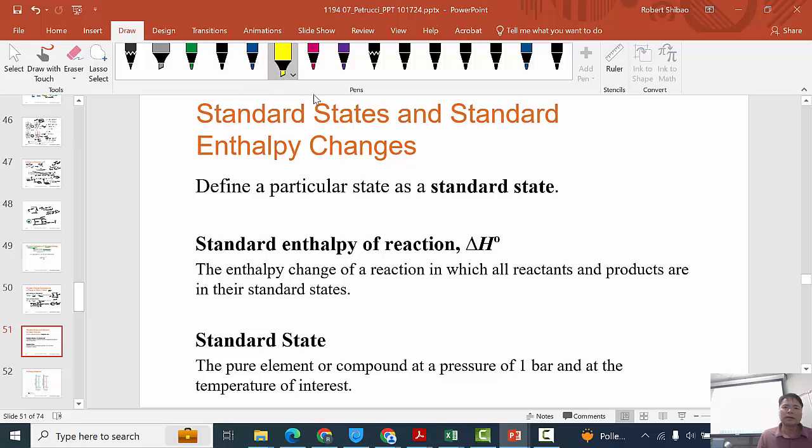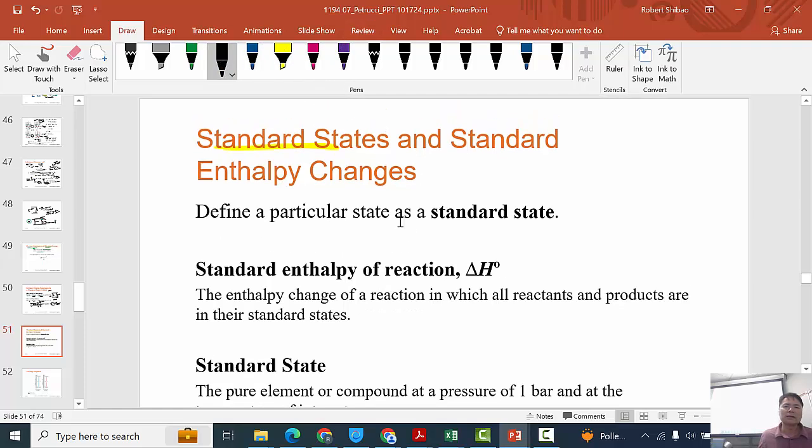And so let's take a look at standard states, standard thermodynamic states, we should call it, and standard enthalpy changes.